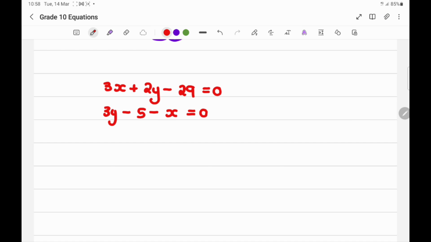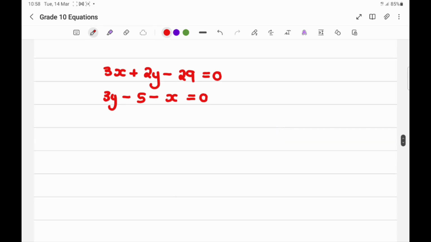All right, let's quickly look at this one over here, which is totally in the wrong position if you look at the top to the bottom. As you can see, the 3x at the bottom is lying over there. So what we're basically just going to do is reshuffle it.